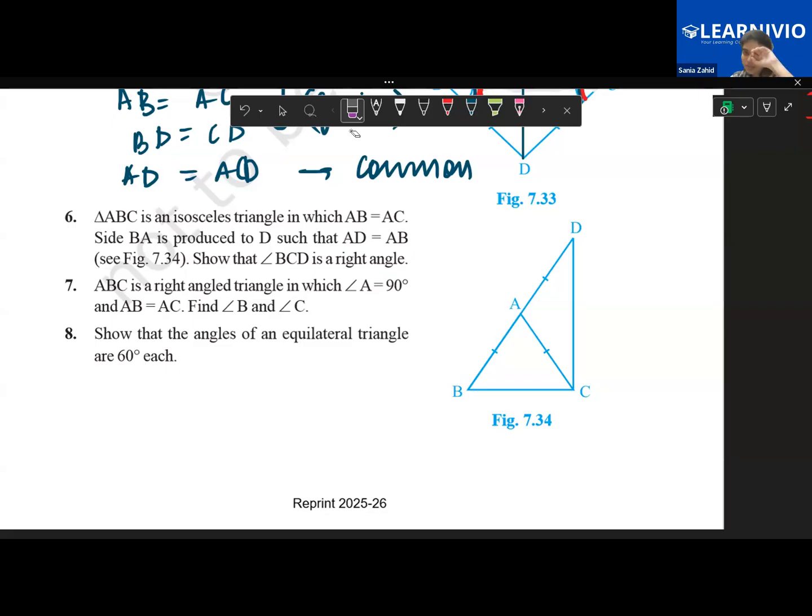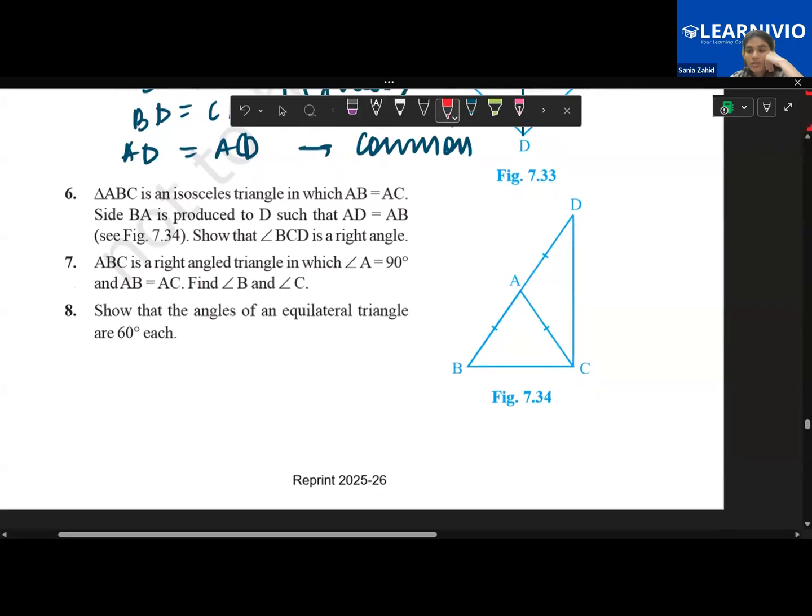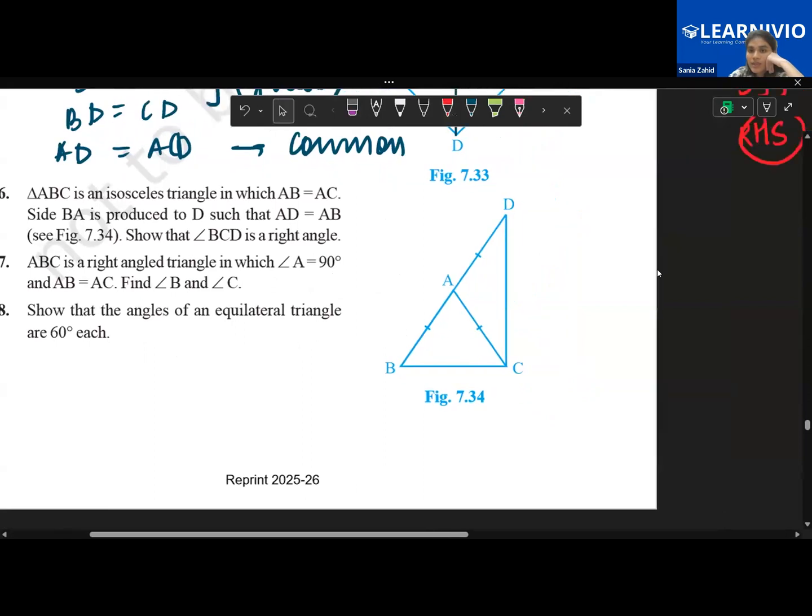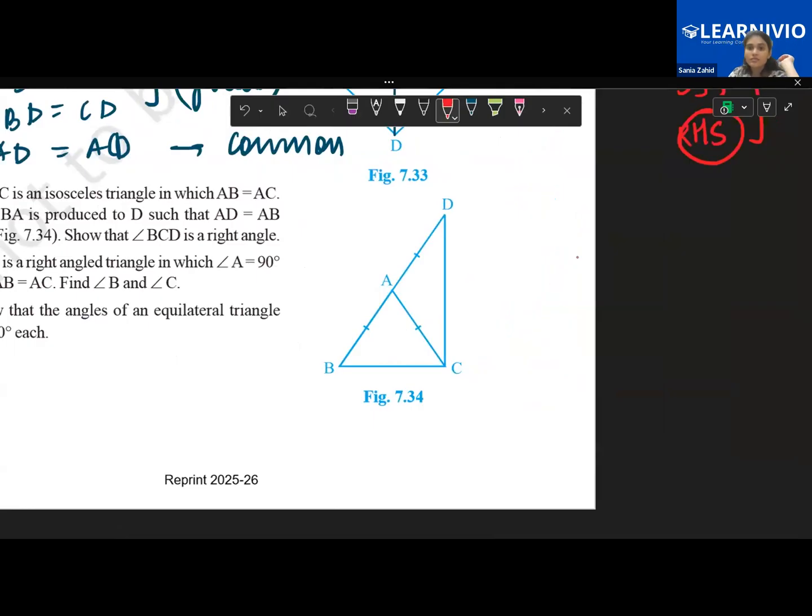Children, if you've copied, just tell me. Done? Shall I begin the solution? Okay, now children, what does this question say? Let's write given.